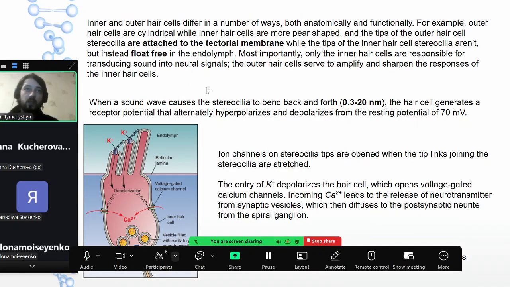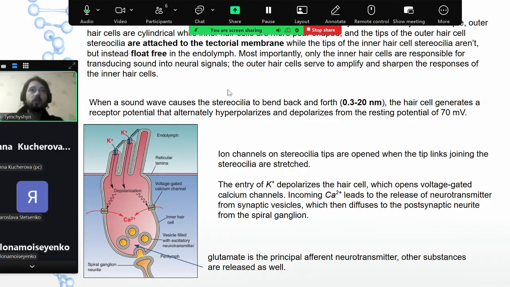They are able to move that membrane and help it vibrate in resonance with the incoming sound and amplify that movement of the membrane, while the inner hair cells are basically receiving the signal. This is a pretty interesting thing actually, because our ears are capable of generating sound.